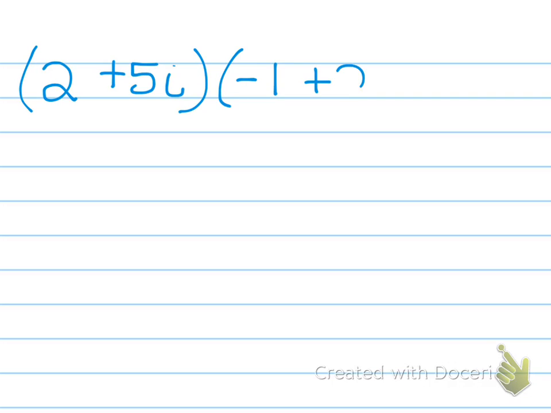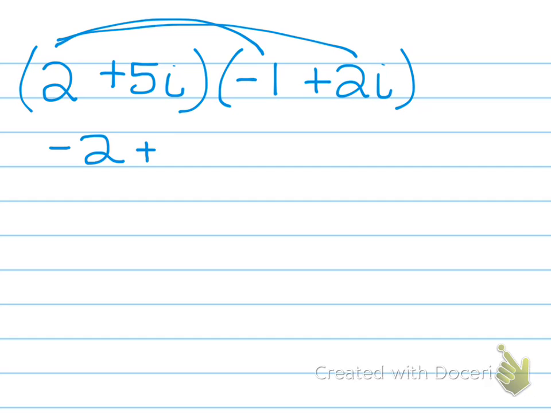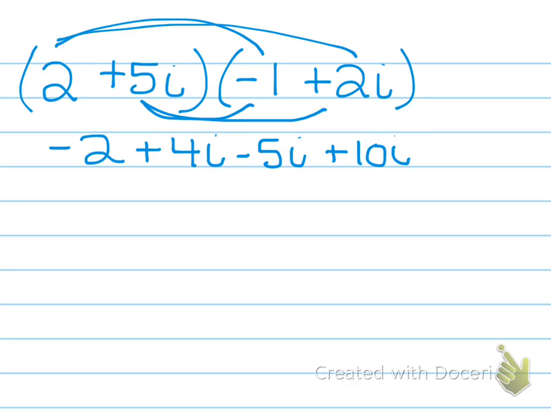One more example of multiplication. If I gave you 2 plus 5i times negative 1 plus 2i, and I FOIL, I'm going to get negative 2 plus 4i minus 5i plus 10i squared.